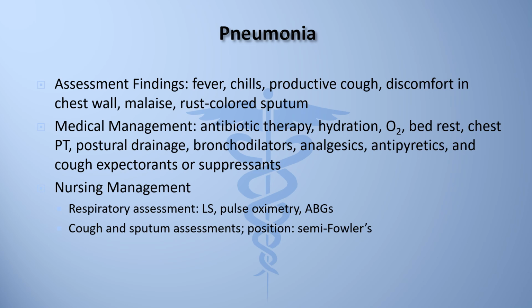So, nursing management: we're going to do our respiratory assessment, obviously looking for our lung sounds, doing our pulse oximetry, monitoring our ABGs. We could also do cough and sputum assessments. How are we going to position the patient? Semi-Fowler's. And the biggest thing with pneumonia is we want to catch it before they actually develop it.